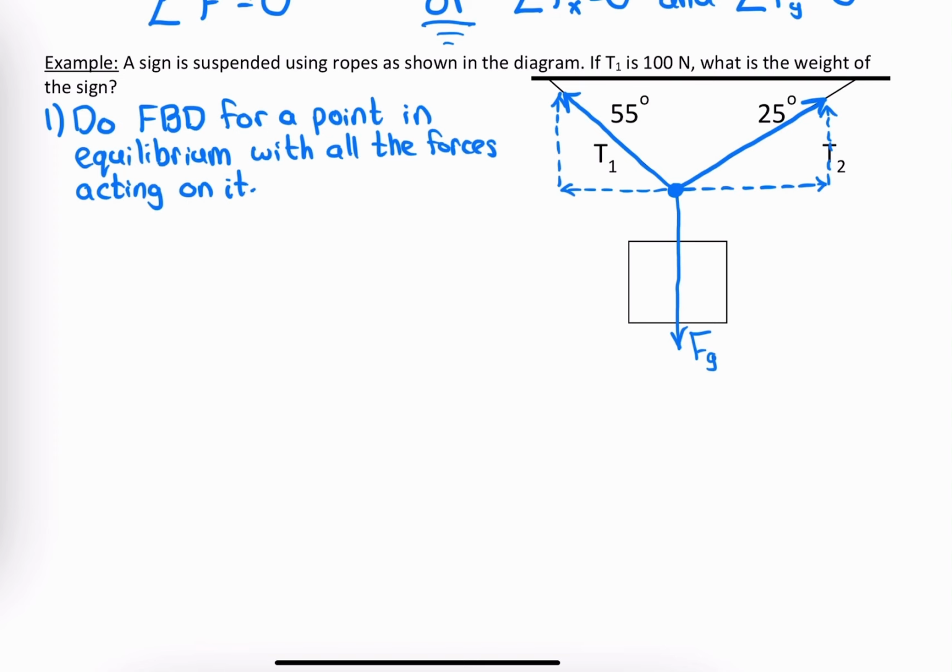And I'm going to do what I can to find the magnitudes of these components. So if this is 55 degrees up here, then the Z rule tells me that this will also be 55 degrees. And then this guy over here will be 25 degrees.